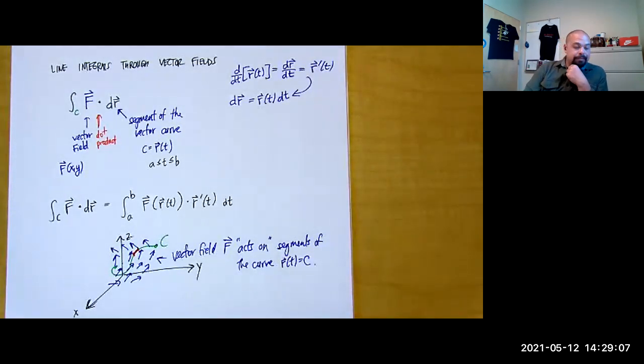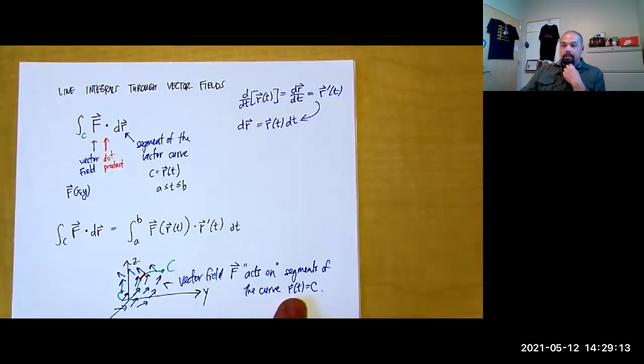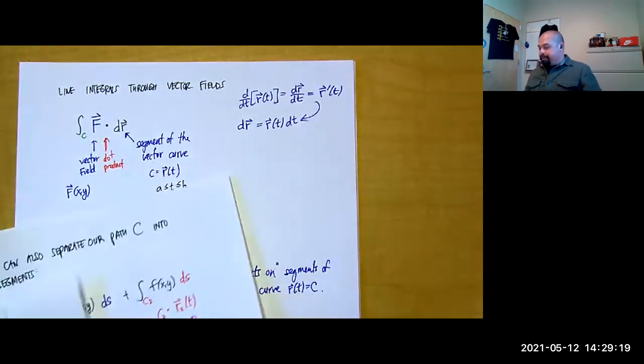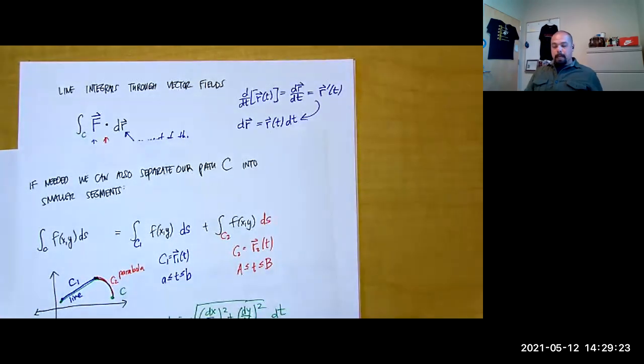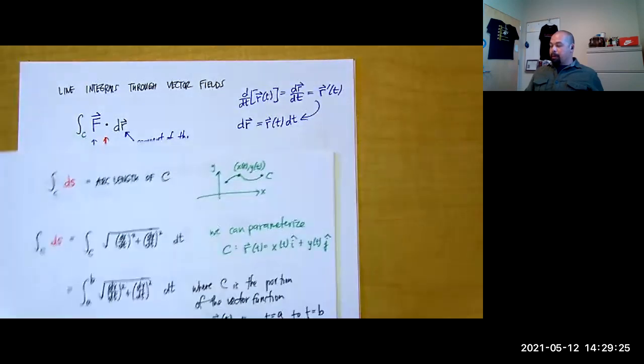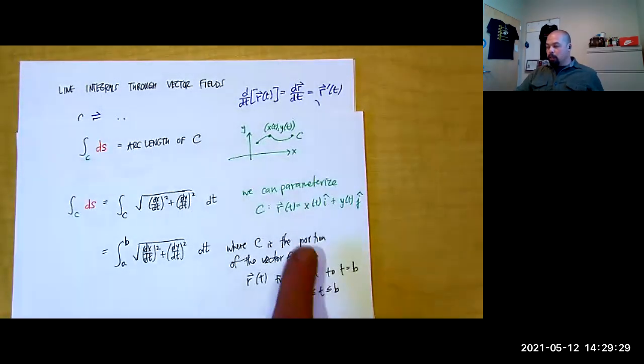So the big discussion that we're going to end up having is how are we going to be able to create those r of t, those functions to parameterize our curve here, okay? How are we going to build those components?